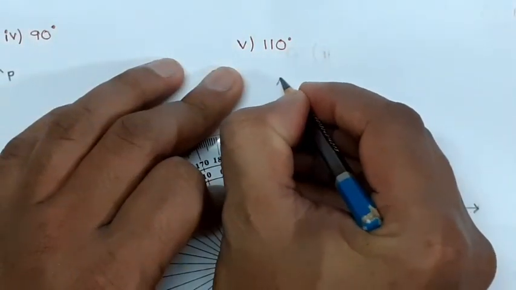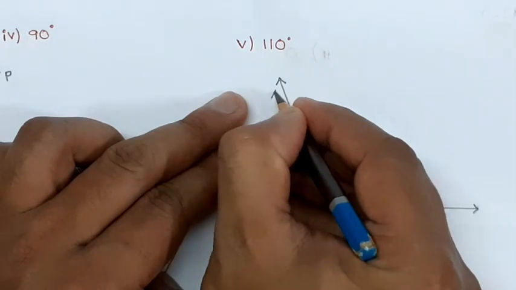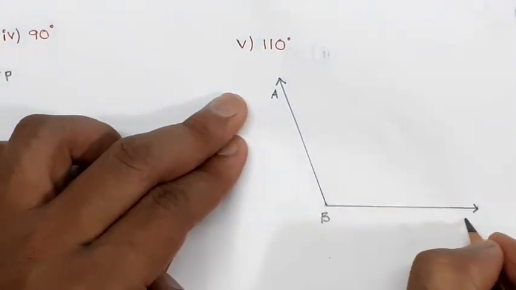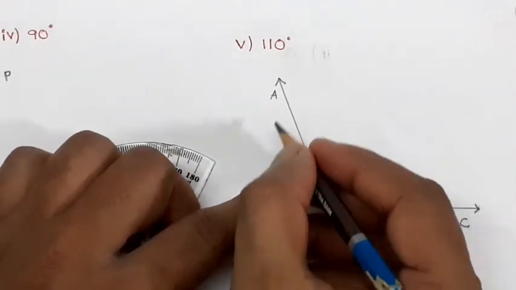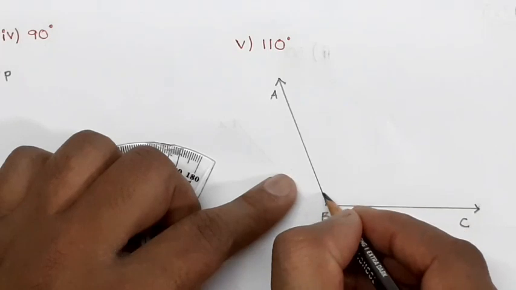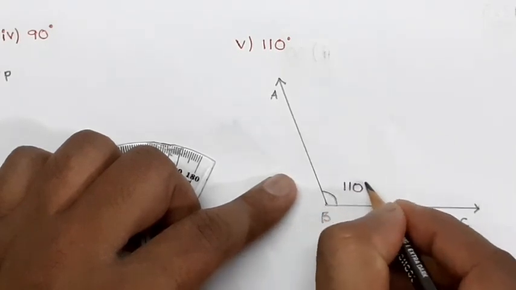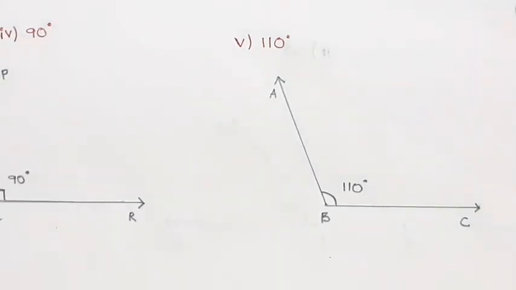Let us mark it AOB or ABC. Nothing to worry. It can be of any alphabet, but use capital letters. So we can write it as 110 degrees.